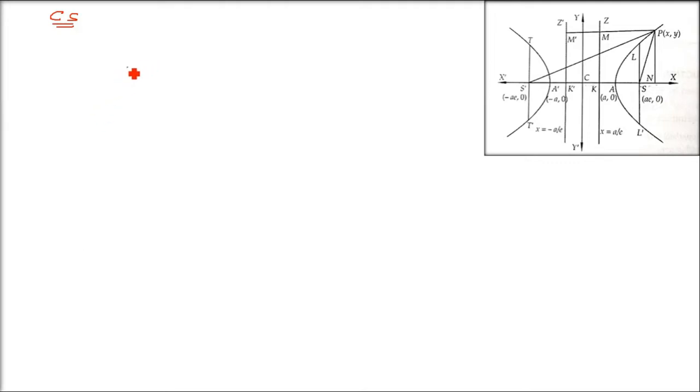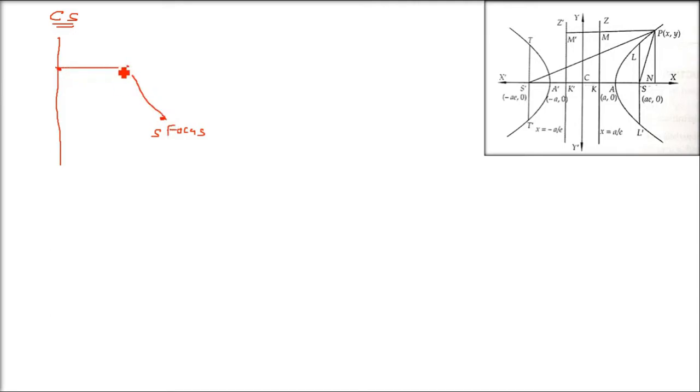That is, the locus of a point moving such that its distance from a fixed point, which is the focus, let us name it S, and its distance from a fixed line, which we are calling the directrix, are related.